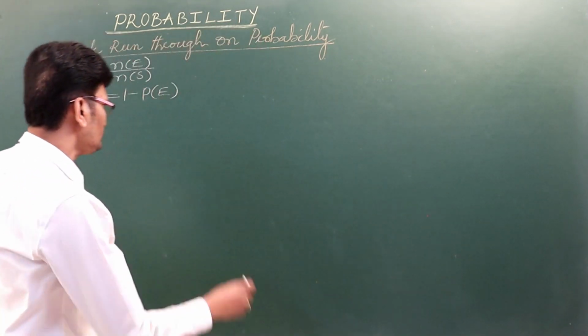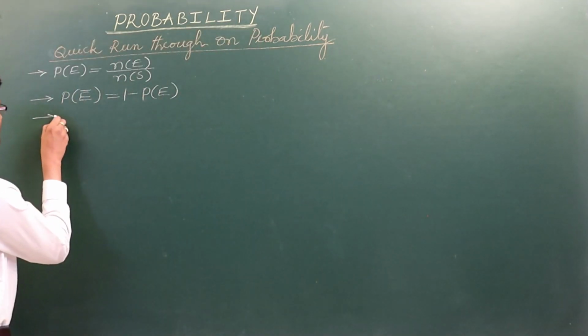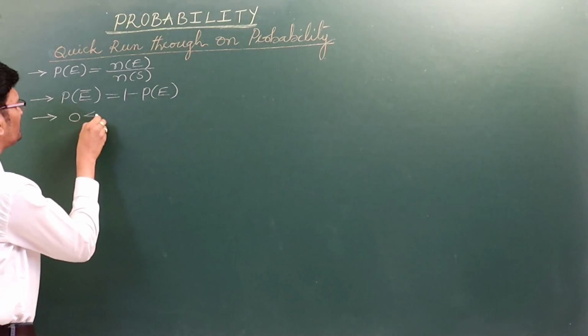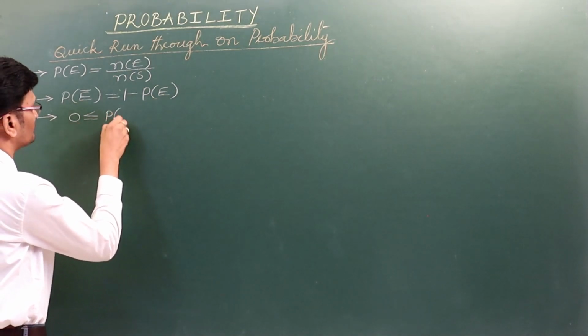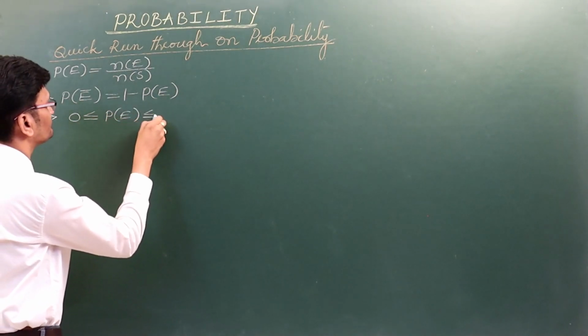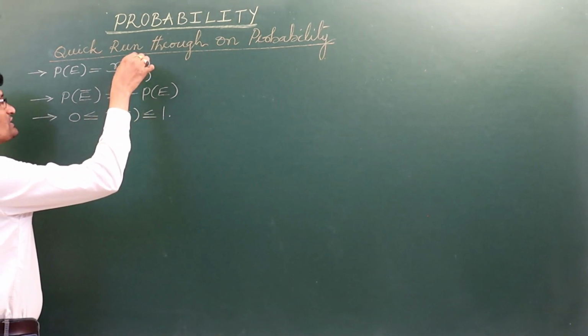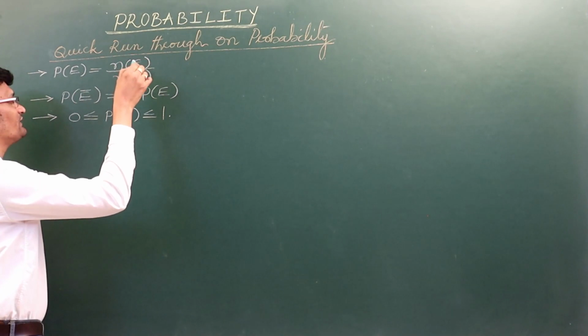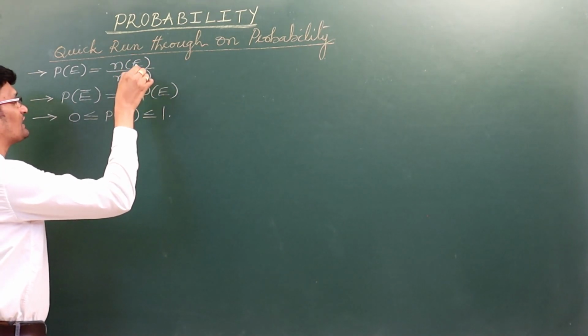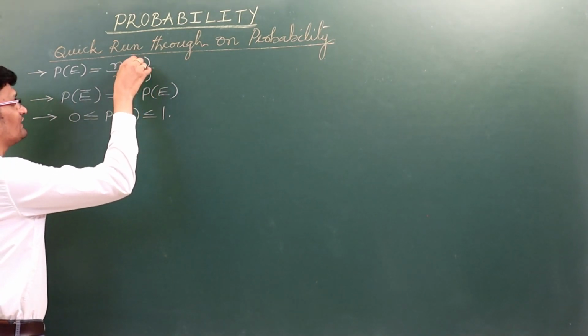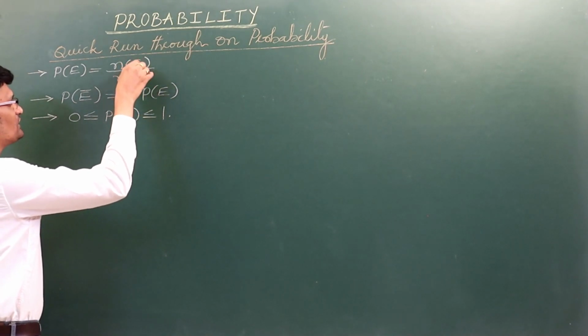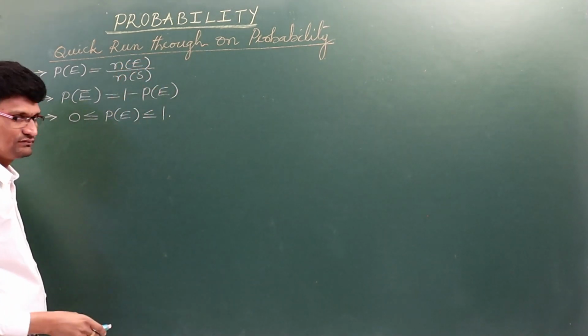Now, the probability of any event always lies between 0 and 1. This is important because favorable chances to the event are always less than or equal to the total chances. Therefore, it is a proper fraction and should lie between 0 and 1.